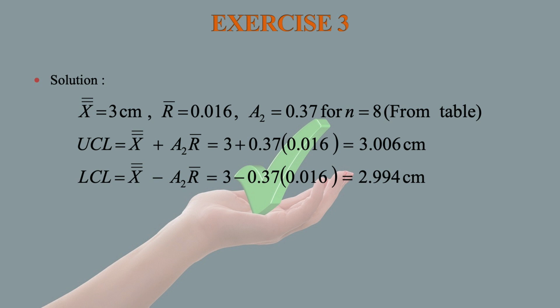There is no difficulty for calculating the upper control limit, that is equal to x double bar plus A2 R bar, equal to 3 plus 0.37 multiplied by 0.016, equal to 3.006 centimeters, and LCL equal to x double bar minus A2 R bar, that is equal to 3 minus 0.37 multiplied by 0.016, that comes out to be 2.994 centimeters. That is the values of the control limits for these two problems.